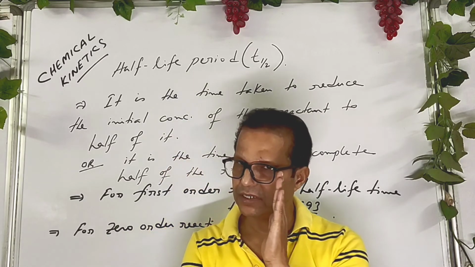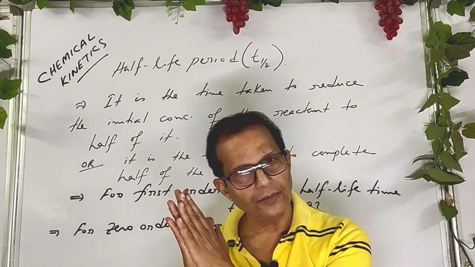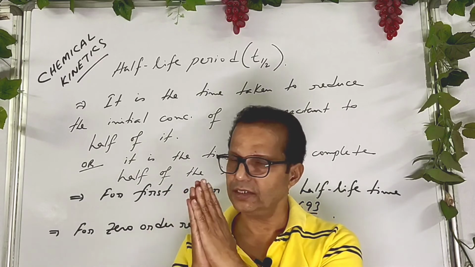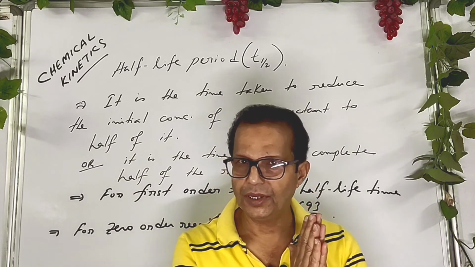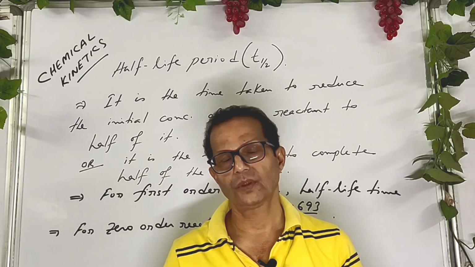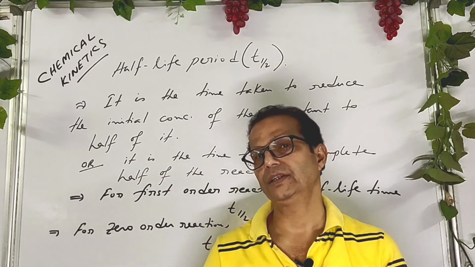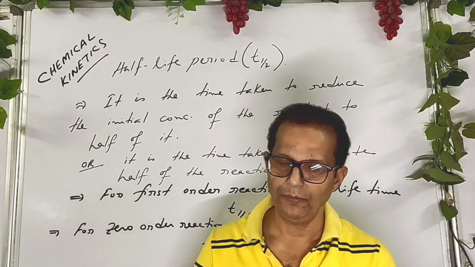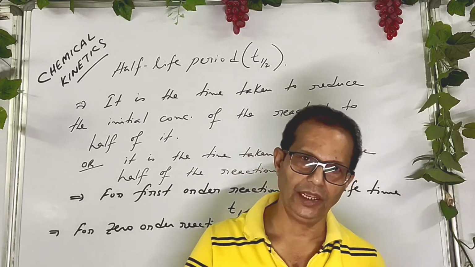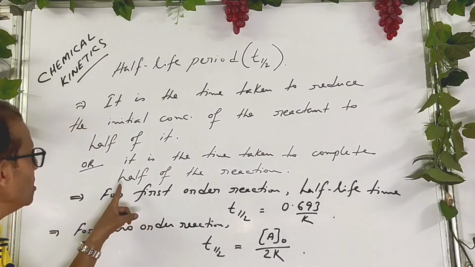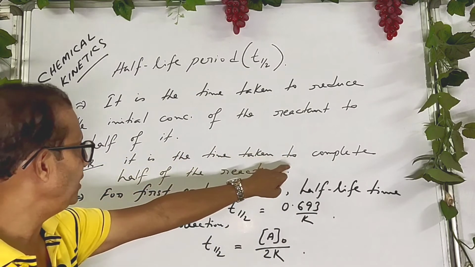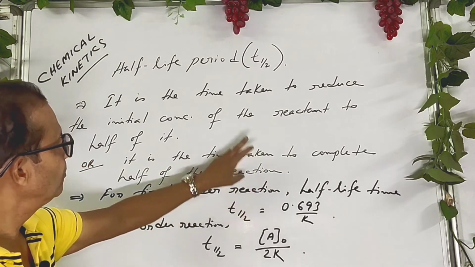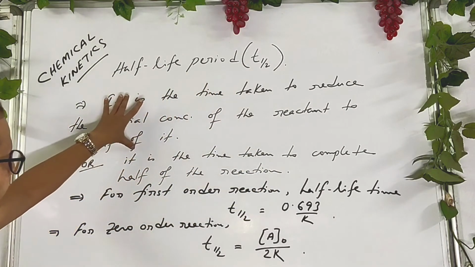That is, after 6 minutes 100 moles per liter reduces to 50 moles per liter. So this 6 minutes is called half-life time or half-life period. In other words, half-life period is the time taken to complete half of the reaction.